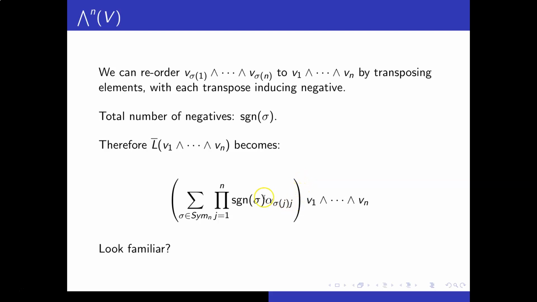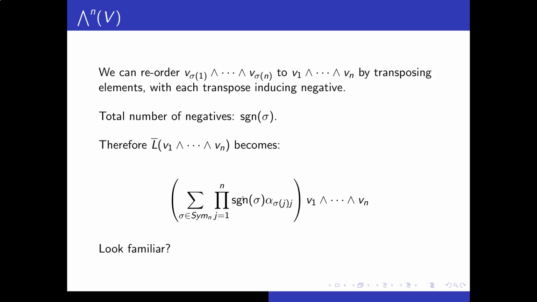I have an entry from my matrix where there's one per column and one per row, and there's never a repetition. I get one from every row and one from every column, weighted by the sign of the permutation. That should hopefully look very, very familiar to you.